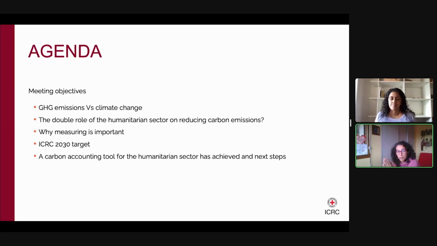Why measuring carbon emissions is important. I will go through the ICRC 2030 targets, okay? That actually was also asked, so I can explain at least what we are targeting. And then I will go into the project of the carbon accounting tool that we are working on with many organizations, some are represented here, and what the next steps are.